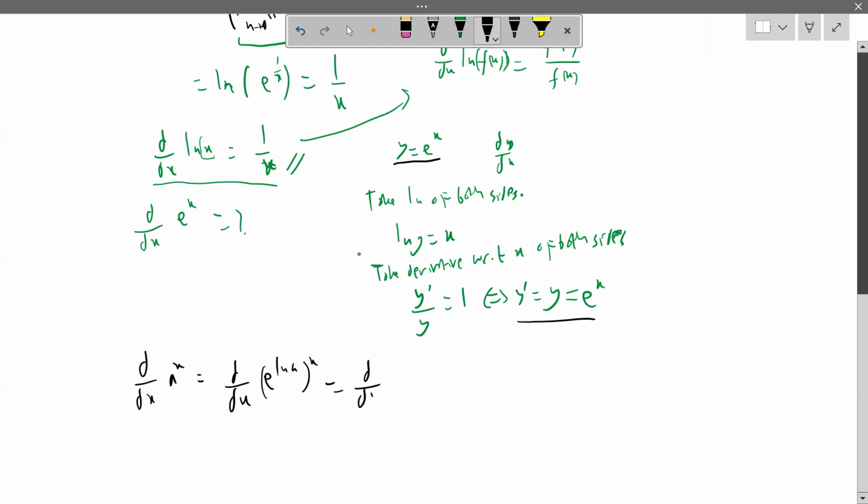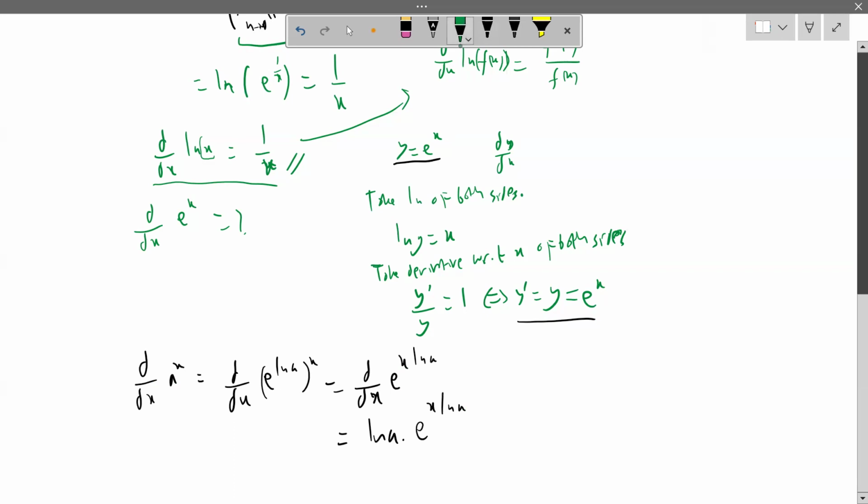We can rewrite this as e to the power of x times ln of a. Now that we have a constant multiplying the x here, we can use the chain rule to verify that the derivative of this function here is actually ln of a times e to the power of x times ln of a.